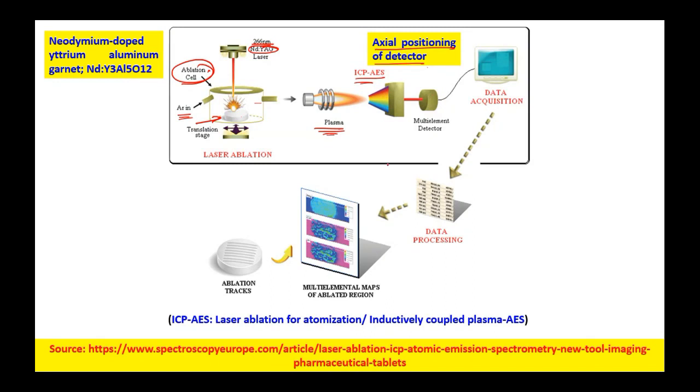So it is called laser ablation for atomization slash inductively coupled plasma AES. Why do we call it laser ablation for atomization? Because we are atomizing the samples over here. And why ICP-AES? Because we use inductively coupled plasma for generating the atomic emission spectroscopy.